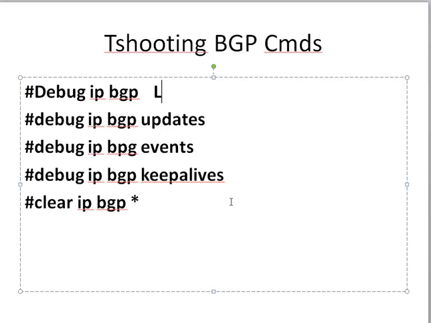Lab only. Debug IP BGP will give you all the debugs. This way, under the hood, you can see what's going on when BGP peers are forming neighborships, sending routes to each other, doing MD5 authentication. It's pretty helpful just from a learning perspective for those commands.